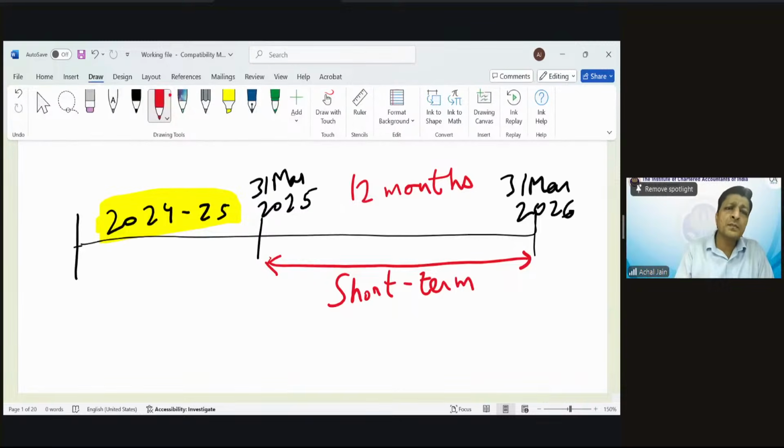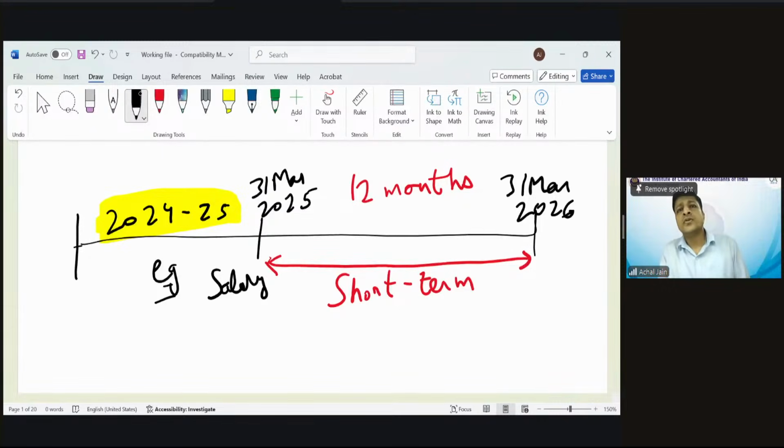A very simple example could be salary. Let's suppose salary is payable for the month of March. When will that be paid? April 2025. So is that amount payable within 12 months from the end of the balance sheet date? The answer is yes. So what do you call it? Short-term employee benefit.